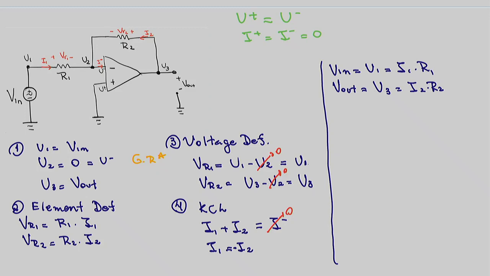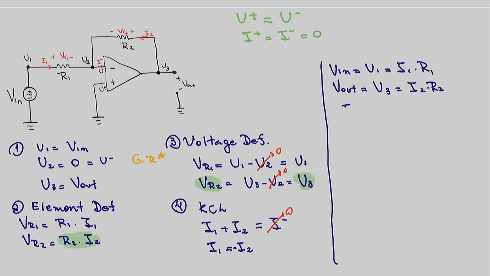Yeah? Everybody follows? I'm going to color my steps here. Okay, VR2 is here. VR2 is equal to U3, but VR2 also is equal to the current times R2 because of Ohm's law. So that's what I did there, because I was still trying to figure out my mistake from before. Ready?